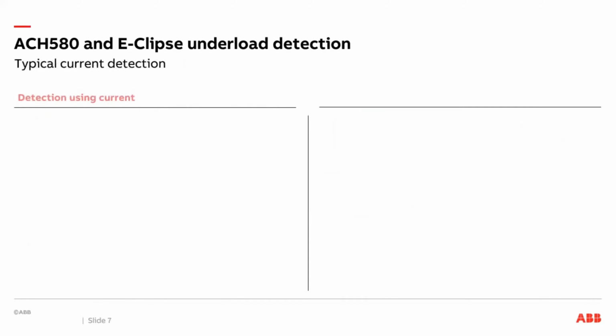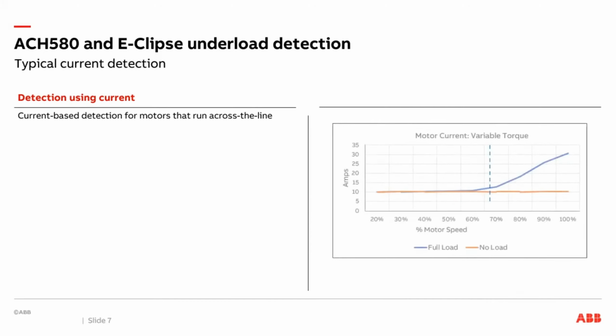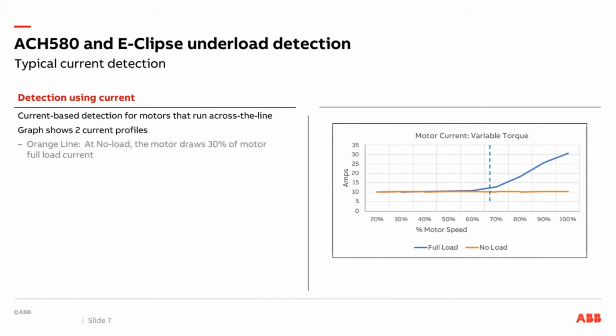Traditional monitoring uses current to detect an underload. As mentioned before, current sensing relays are used on both full and variable speed applications. The graph on the right shows how current is affected as the speed increases. The orange line shows motor current with a belt off or a coupling disconnected, and the motor draws about 30% of full load amps.